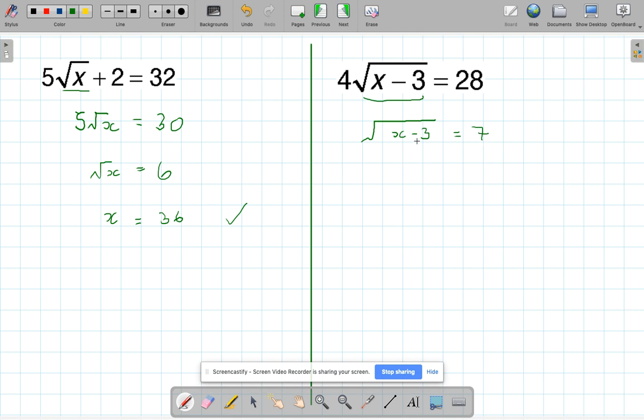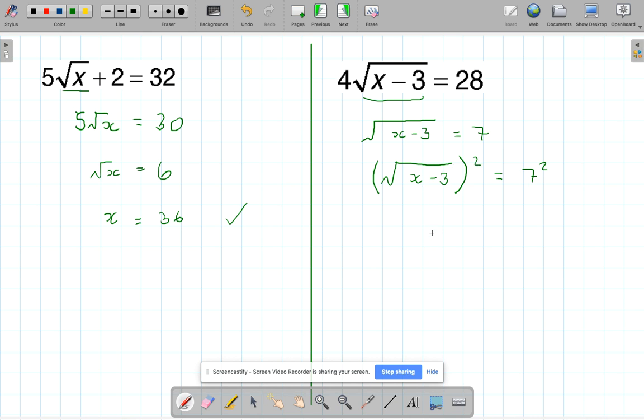Now, I'm not able to add 3 to both sides. Very important this. I can't add 3 to both sides because the 3 is inside the square root sign. So what I'm going to do is I'm going to square this whole thing here. If I square that, I've also got to square this one here.